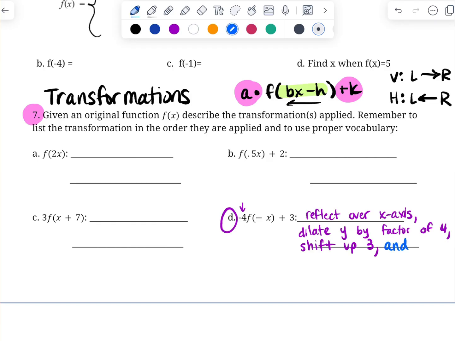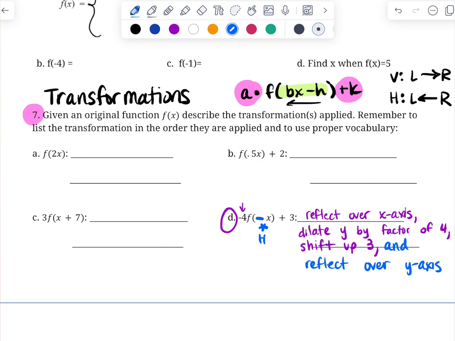And reflect over the y-axis. Now, I could have said what I just wrote last. I could have said that first, and that would have been all right, because the reflecting over the y-axis is this negative in here. That's a horizontal transformation. You just have to talk about everything horizontal and then everything vertical, or vice versa.